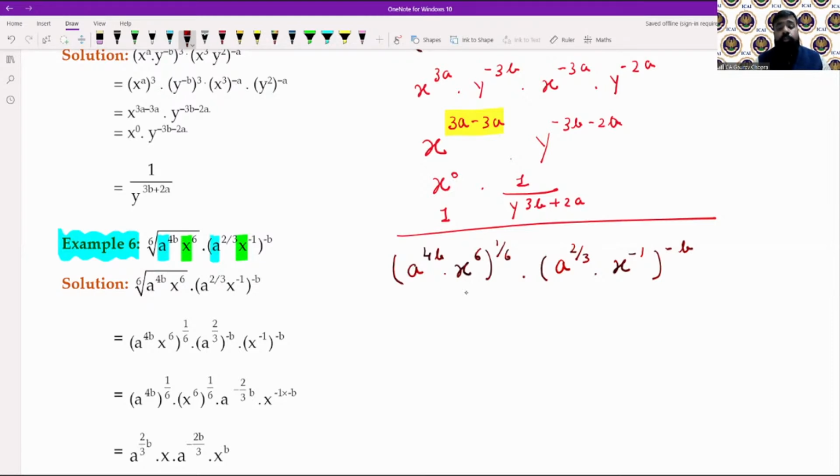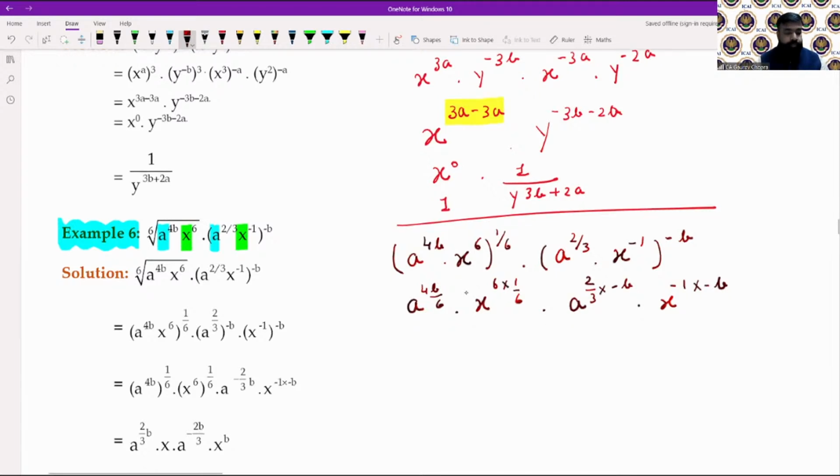Now what we have to do is simplify the first bracket first and then the second bracket. So a to the power of 4b upon 6, then x to the power of 6 multiplied by 1 by 6, then a to the power of 2 by 3 into minus b, and x to the power of minus 1 multiplied by minus b.